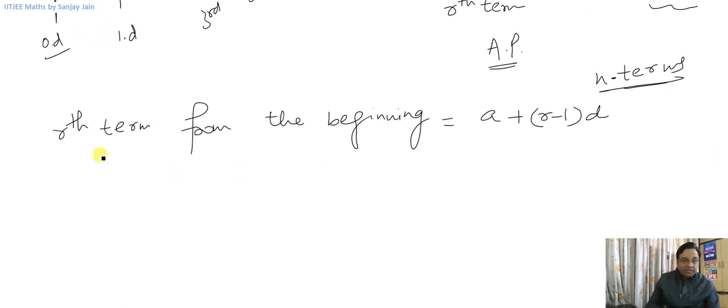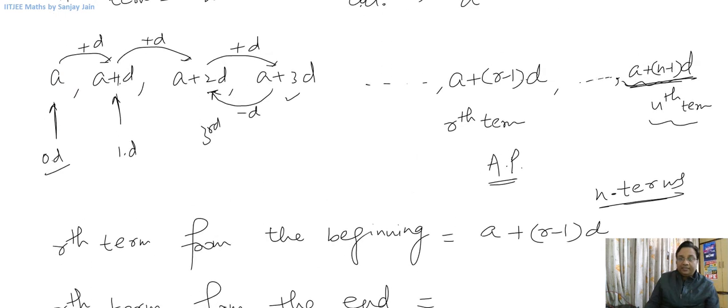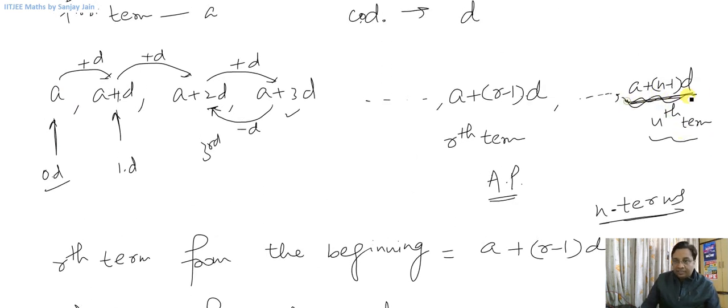What I am trying to ask you is, if I ask you the rth term from the end, how will you find it? Now this is the last term, and when I have to come back, I need to subtract D, then I'll get the next term by subtracting another D.